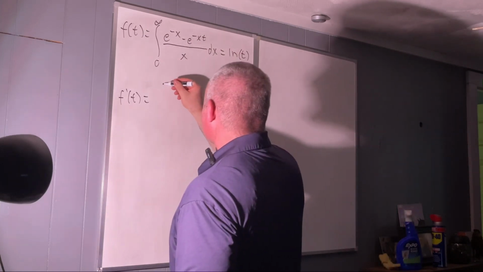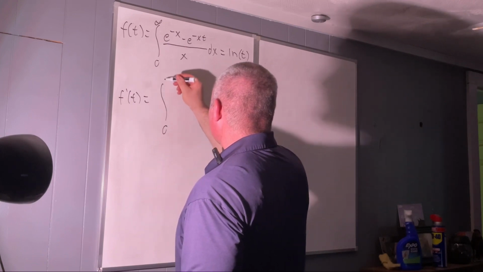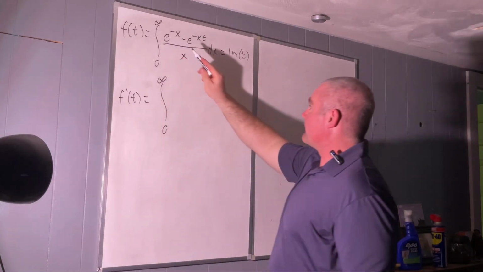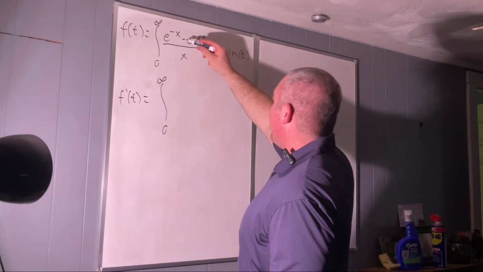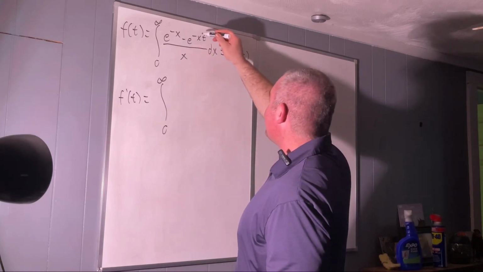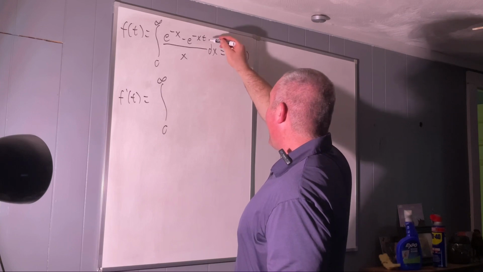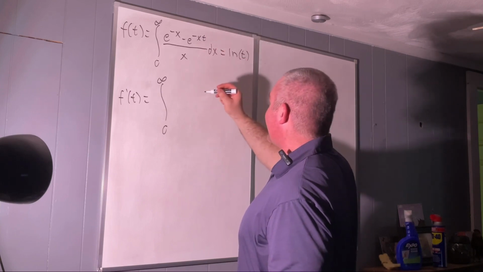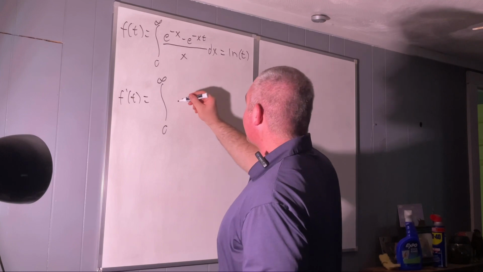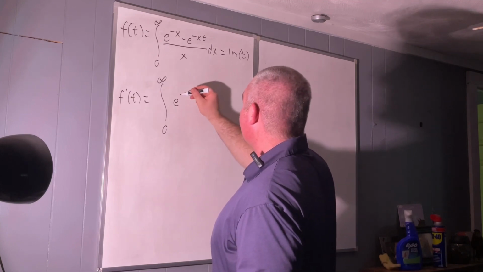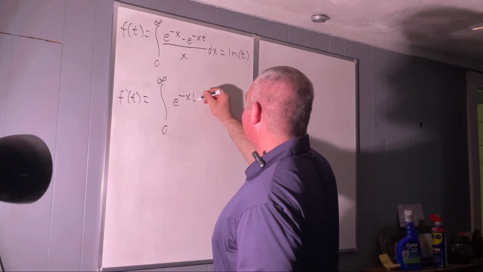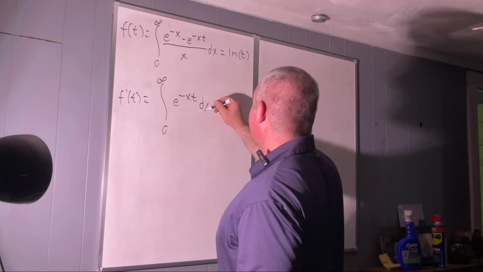So let's see, that's going to still give us the integral from 0 to infinity of something. This first part will drop out. We will be left with a negative e to the negative xt times a negative x. So the negatives would cancel out, leaving us nothing but e to the negative xt dx.